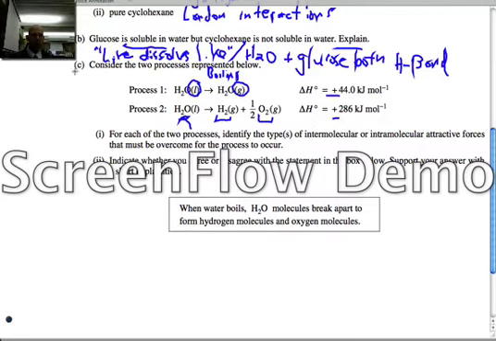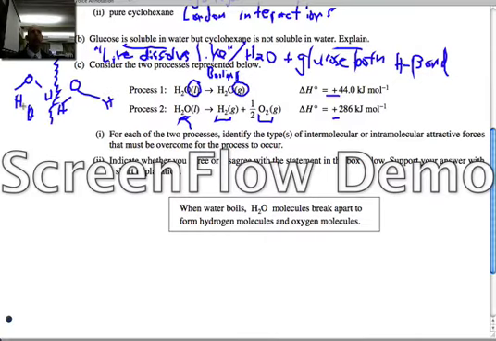Now, let's really think about what's going on. In this first case, you have two water molecules, or actually a lot of water molecules. Here, little guy. And what you're doing is you're breaking this interaction in between.